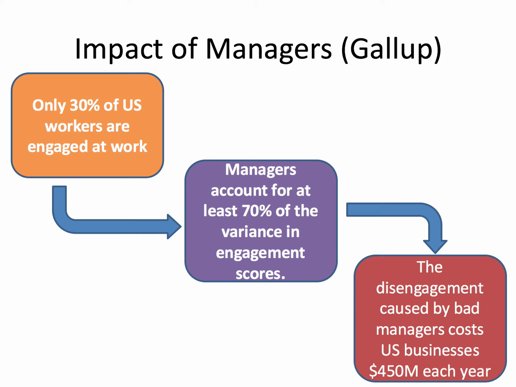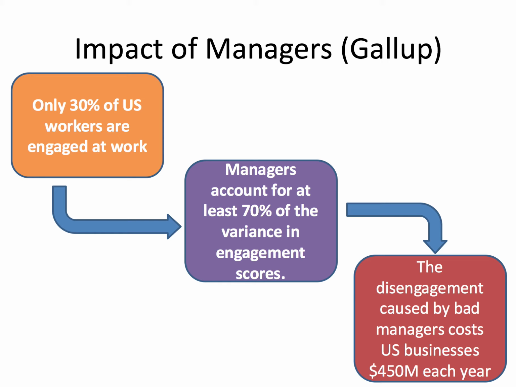At the same time, managers account for at least 70% of the variance in engagement scores. So within the same organization, the difference in engagement scores is explained by the manager at least 70% of the time. That's what we mean by the variance. The variance explained means: what cause can we attribute to this effect?